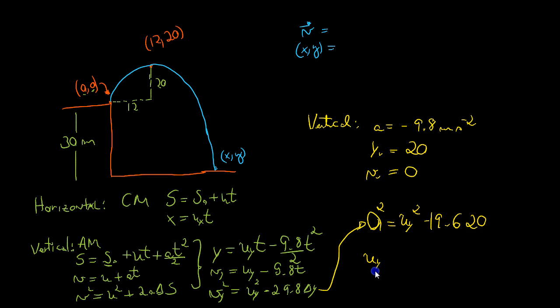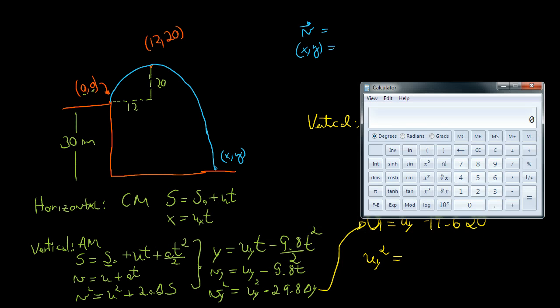Let's rearrange this so that we have that uy squared equals plus, let's bring out the calculator here, 19.6 times 20, 392.